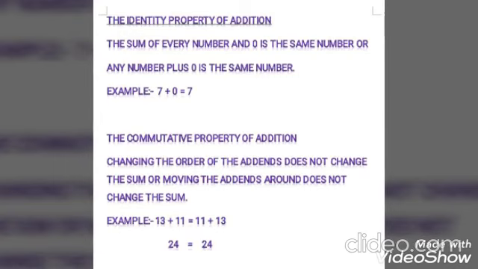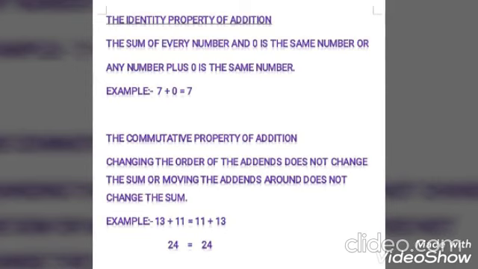Okay children, now let us read what I have written on the given slide. Changing the order of the addends does not change the sum, and moving the addends around does not change the sum. So I have taken an example: 13 plus 11 is equal to 11 plus 13. In the first addition statement, I wrote 13 first and in the second addition statement I wrote 11 first.